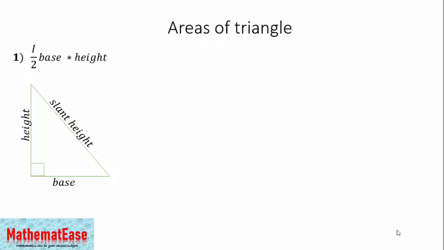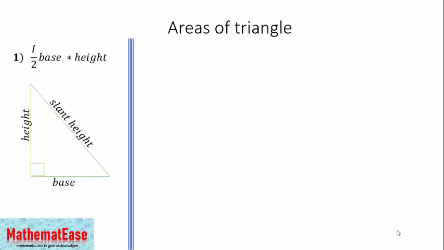You need to use Pythagoras theorem to get the height. For a slant height of 5 and base of 3, you get the height 4. So the area of the triangle will be half 3 times 4, which is equal to 6.